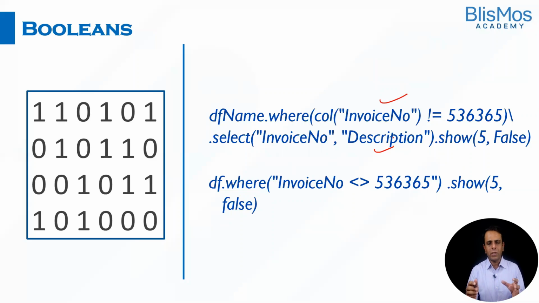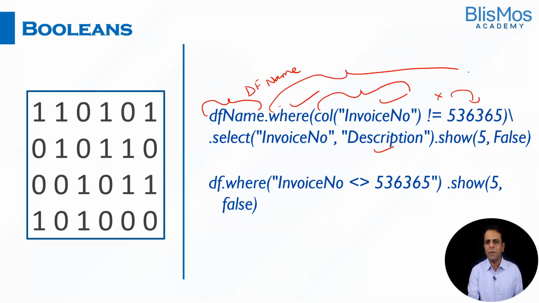The way we are using the Boolean here is, obviously, with the data frame name, and see here we are using a filter. So what are we trying to filter? Wherever the column invoice number is not equal to 536365. This is the Boolean, which evaluates to either true or false.